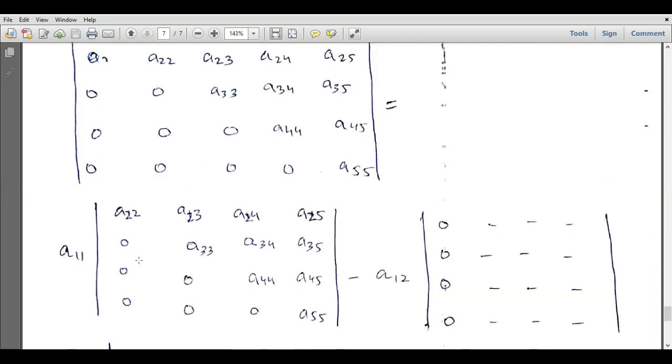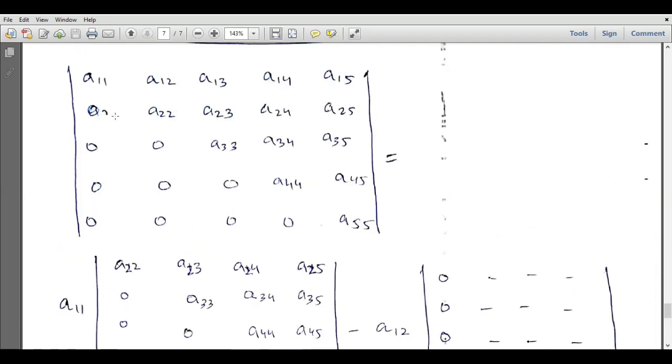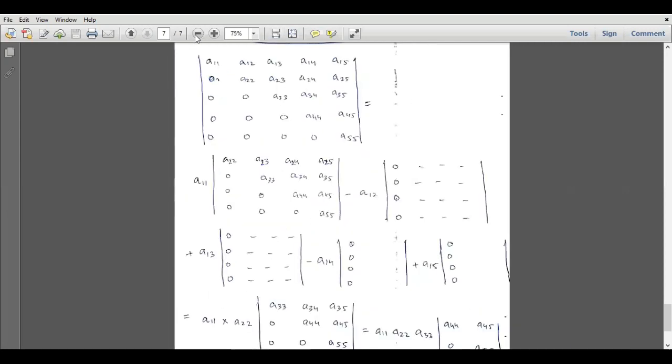Plus A13 times the determinant of these entries. So this is the standard method of evaluating the determinants, and I think that should be easy for you.